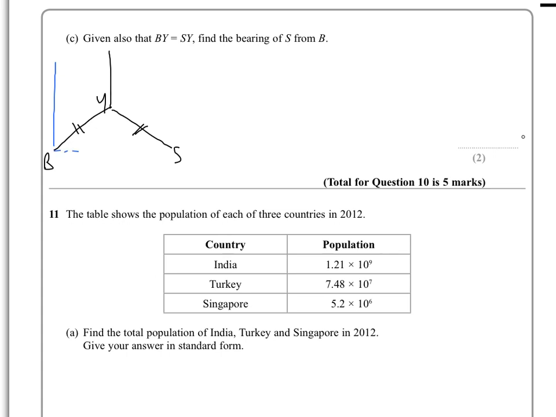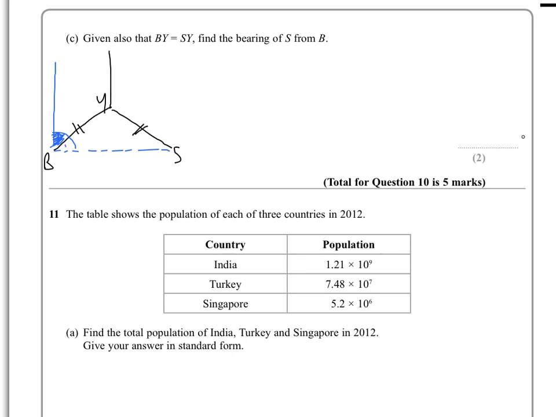S is in this plane here. So essentially it's saying find this angle there, i.e. what is the angle of S from B, taking B from the north. Now again, we've worked out this angle already in the previous question. So what we now need to do is work out what this angle is.